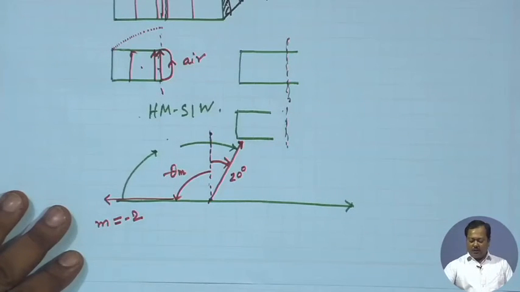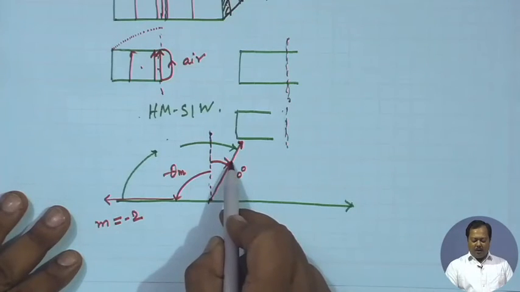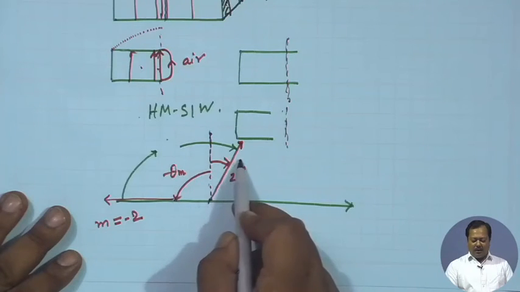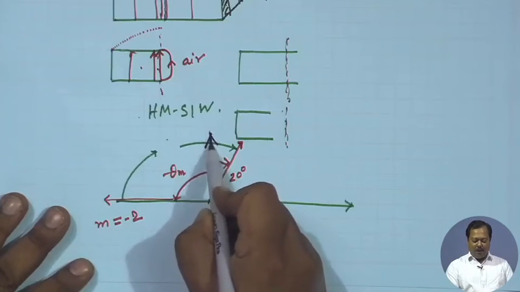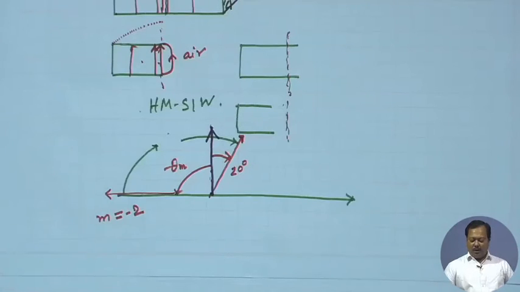The maximum scan angle is determined by the emergence of the second beam. If I compare the scanning characteristics with the previous one, a periodic leaky wave antenna can scan both the first quadrant and the second quadrant, but in this case also we have a similar problem in the broadside direction. We can't achieve radiation in the broadside direction. Why?